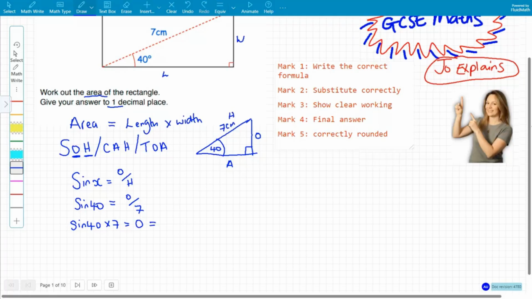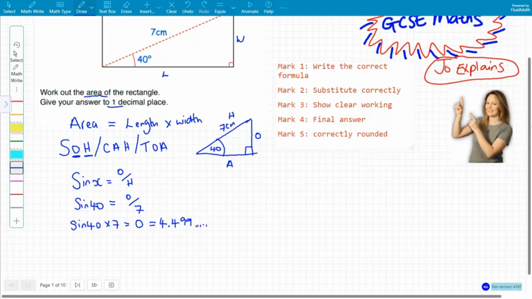When I put that into my calculator carefully, I get an answer of 4.499, and there's lots of decimals. Now I've put 3 decimal places here, and that's important because I don't want to round too early on. What can happen if I do that is I can get the wrong answer when I come to multiply these numbers later. So I'm going to leave it with lots of decimals at the moment.